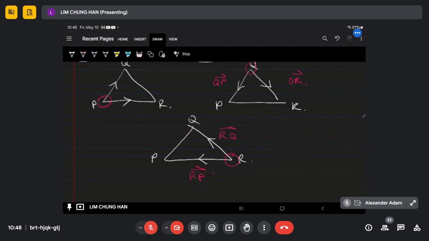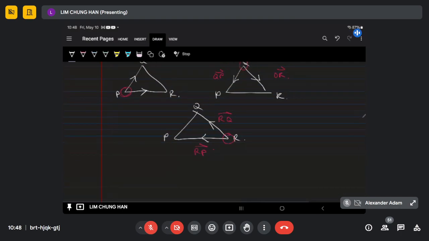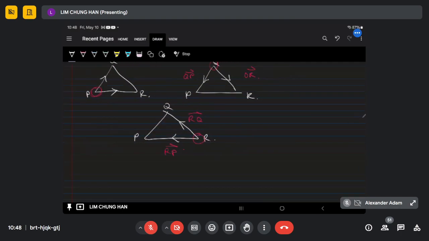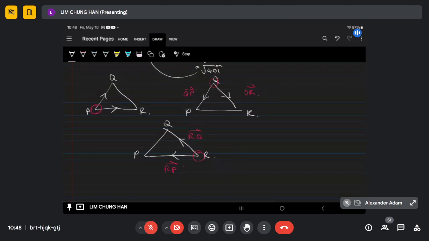Okay, so that's triangles. Later on, perhaps you can give it a go: retry the question using QP, QR and see whether you get the same answer or not. After class. Okay, next.